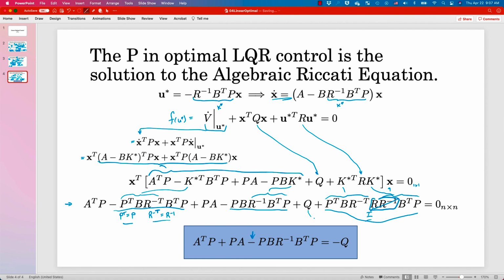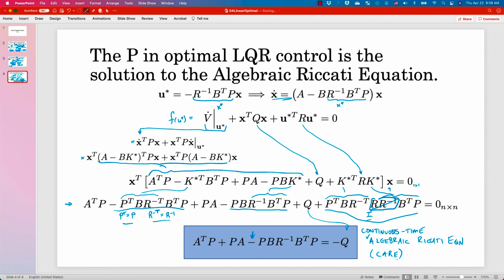And then I've moved the Q to the other side. And this is what's called the algebraic Riccati equation, or ARE. Sometimes, and I think this will be important in a little bit, this is called the continuous time, continuous, spelled correctly, time, algebraic Riccati equation, or if you're feeling cute, the CARE.